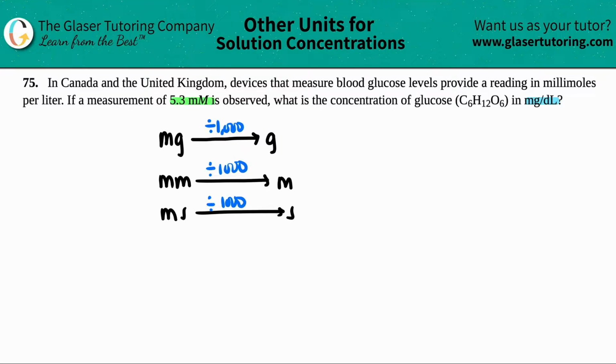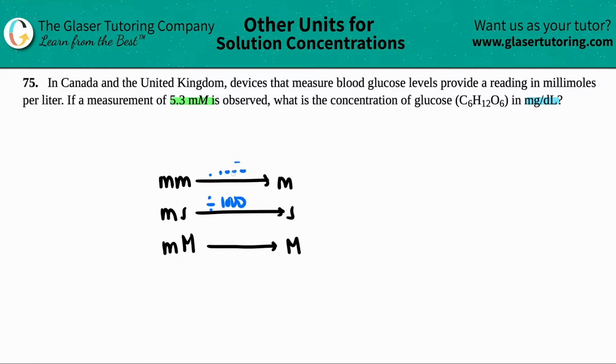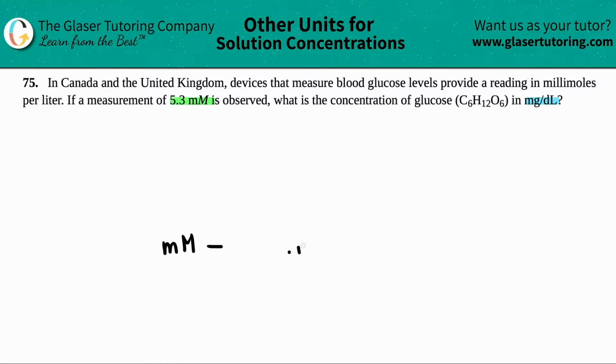So what's the difference if I have millimolarity and I want to go to molarity? I'll divide by 1,000. That's the first thing. I'm going to take that 5.3 and divide by 1,000. Cool beans. Okay, so we'll write it over here: 5.3 millimolarity.